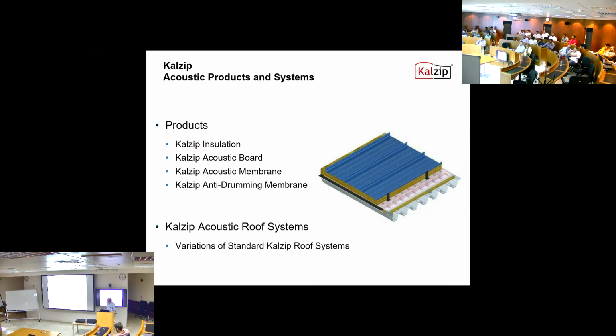And also with impact noise, rain banging on the Calzip metal roof system, we bond an anti-drumming membrane to the underside of the Calzip sheet to reduce that radiant impact noise. You use that quite often in the UK in a lot of schools where it does rain quite a lot, so it's beneficial from the school's perspective.